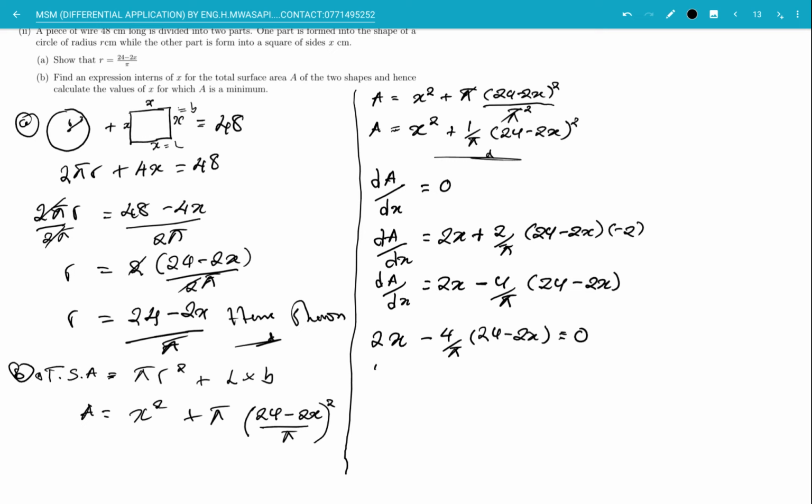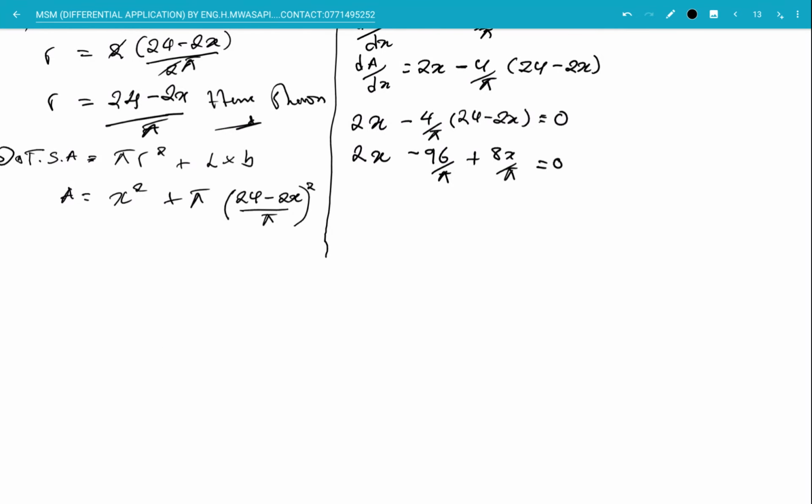We're going to have 2x, and when we expand, minus 96 over pi plus 8x over pi being equal to 0.